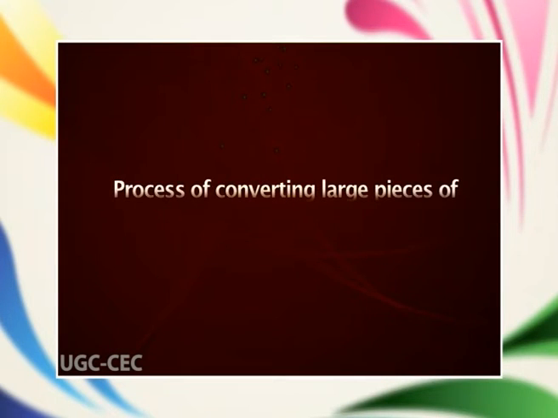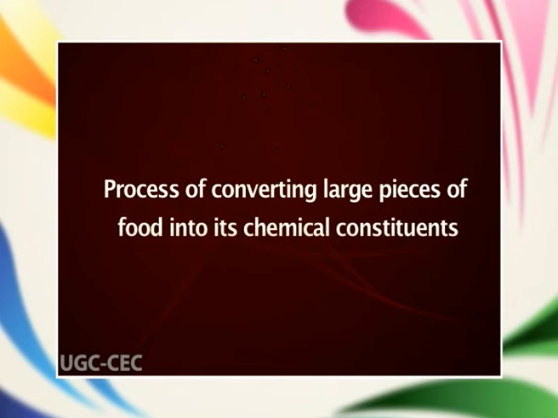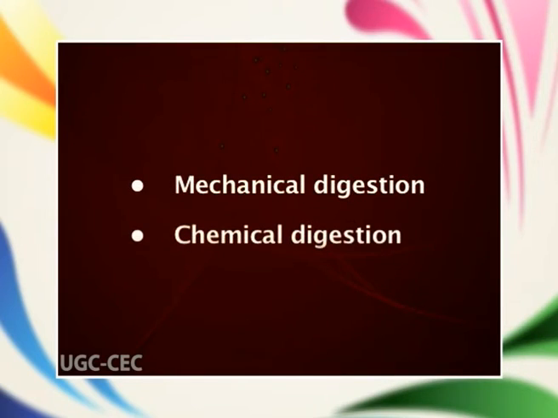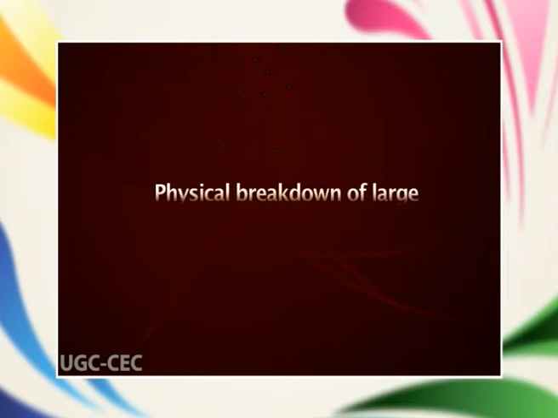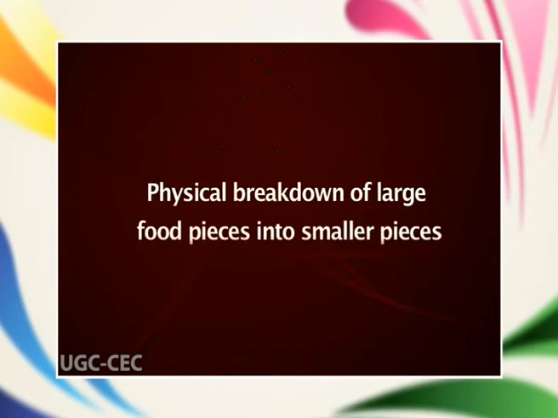Now the fourth function of digestive system, that is digestion. It is the process of converting large pieces of food into chemical constituents. It involves two types of processes, mechanical digestion and chemical digestion. Mechanical digestion is the physical breakdown of large food pieces into smaller pieces.